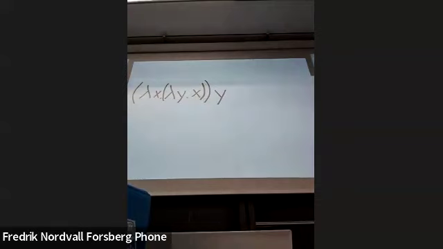Okay, now you need to understand something that's crucial. There are two y's in this formula. There's the one that's sitting as the input to the whole function, and there's the one that is a variable in a lambda.